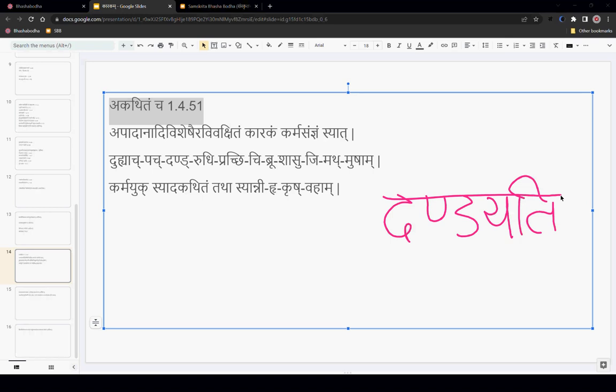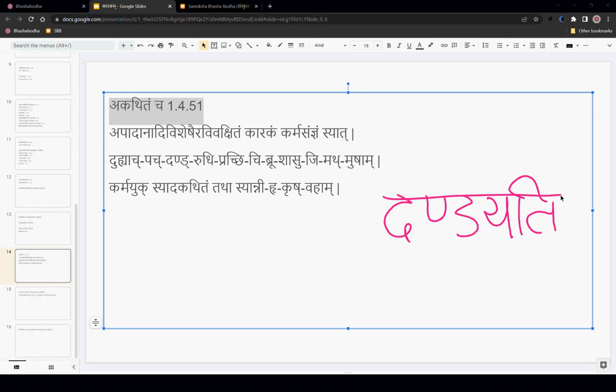What is the pradhana karma here? Or what is the karma padam first? Arakshaka choram dandayati, there's only one karma padam: choram.